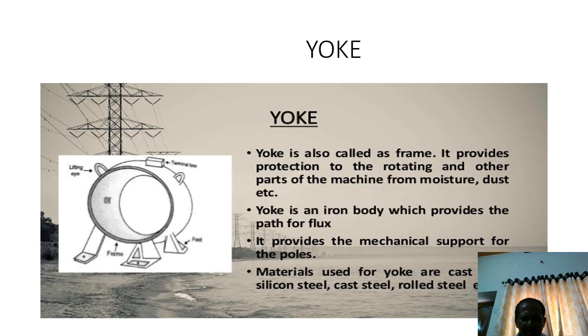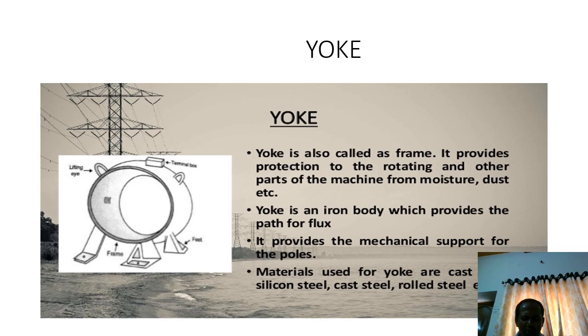Next, one by one I am going to discuss the individual parts of the DC generator. First one is yoke. The outermost frame shown here is known as yoke. It is made up of high permeability material possessing sufficient mechanical strength.